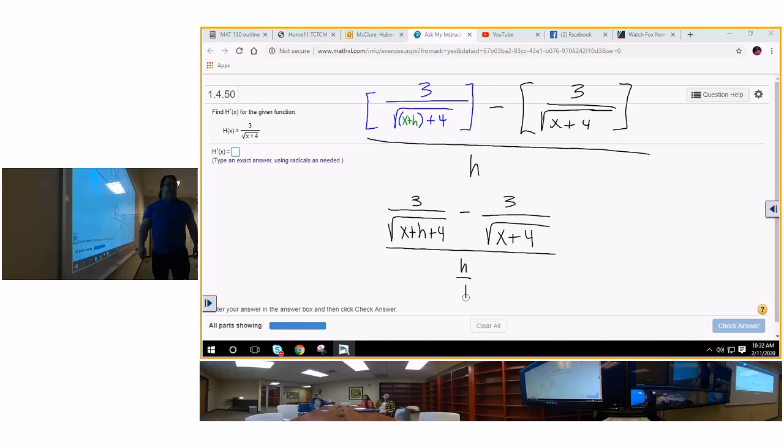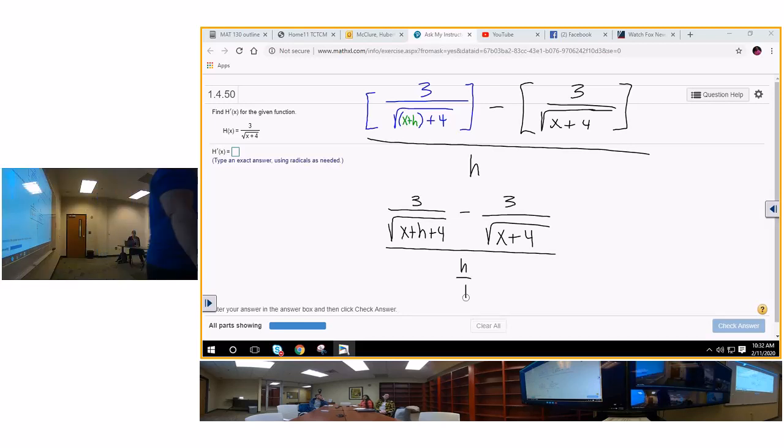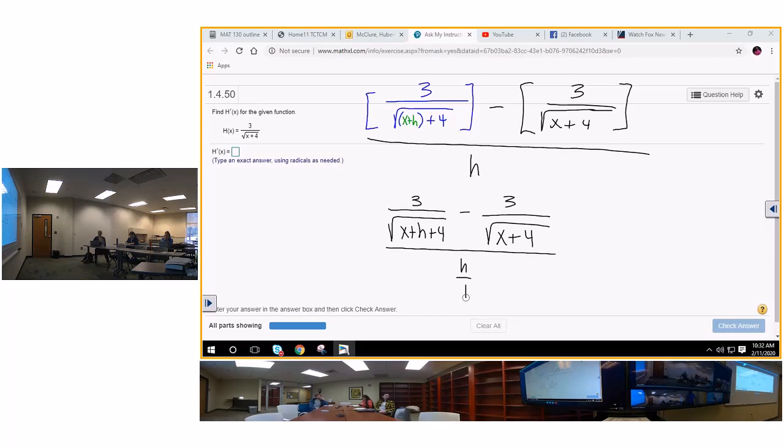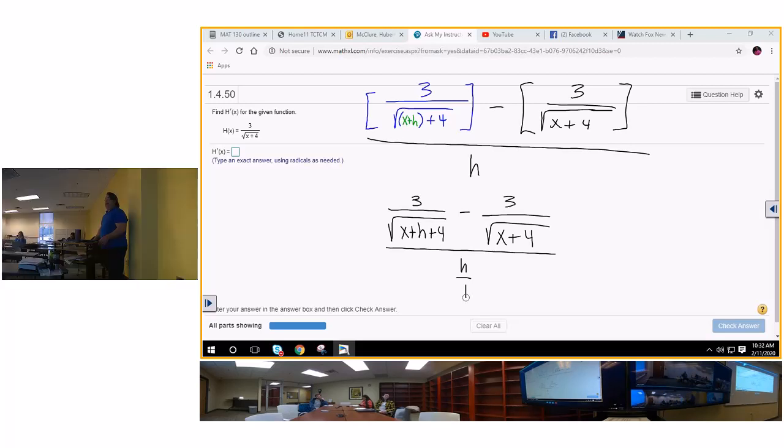Now I've got a complex rational expression, which means I've got to multiply by the common denominator over 1 over the common denominator over 1. So go ahead and put everything together because you can't do anything else but put those radicals together. It's going to be a mess, but you'll be all right.